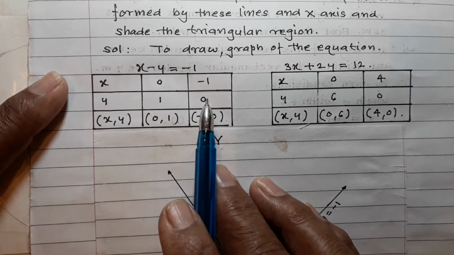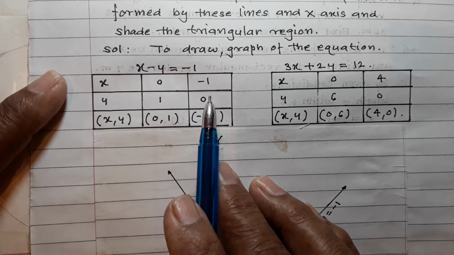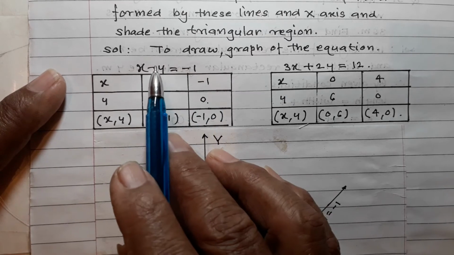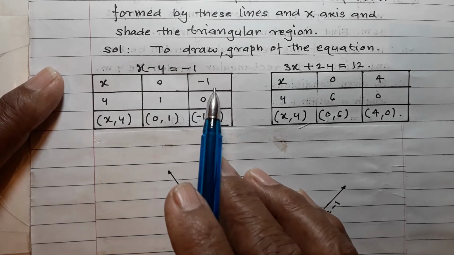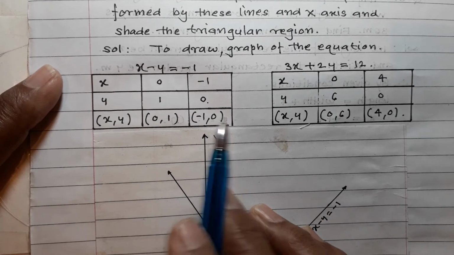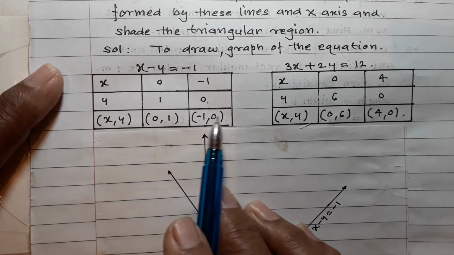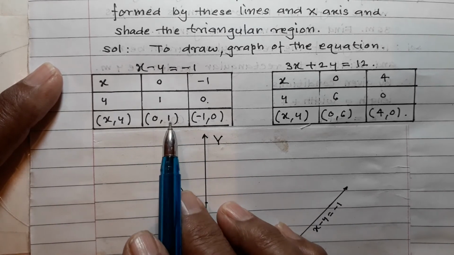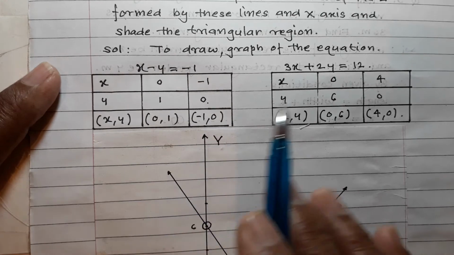And if you substitute y is equal to 0, then x is equal to minus 1, and therefore these are your coordinate points: 0, 1 and minus 1, 0.